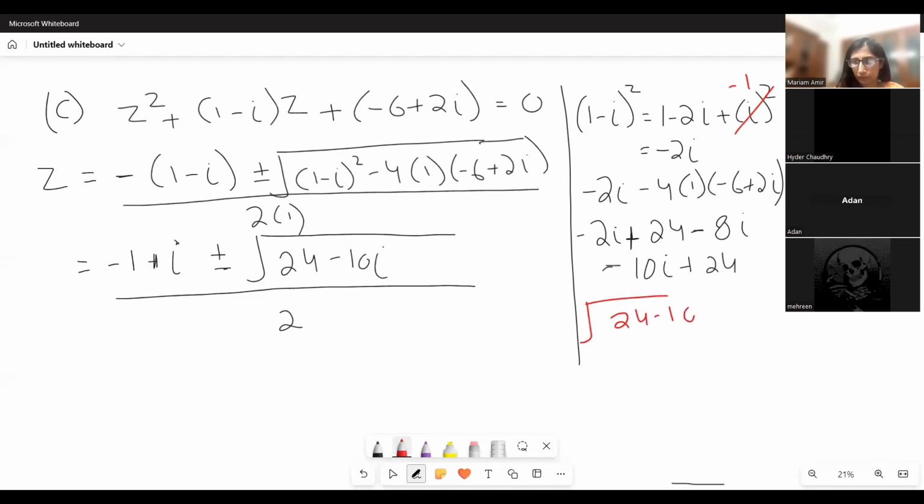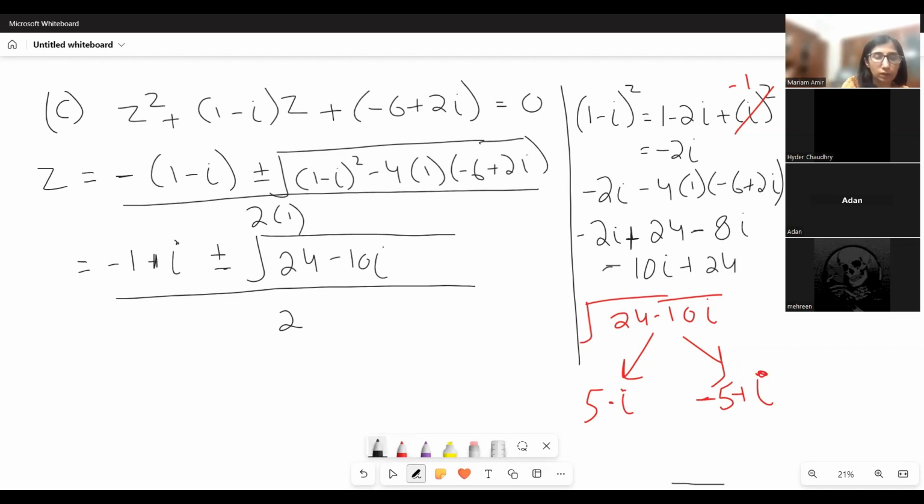24 minus 10 iota. This had two answers. I think 5 minus iota and minus 5 plus iota. 5 minus iota, or multiply it with negative 1, minus 5 plus iota. Moving forward, you have to use one of these answers.